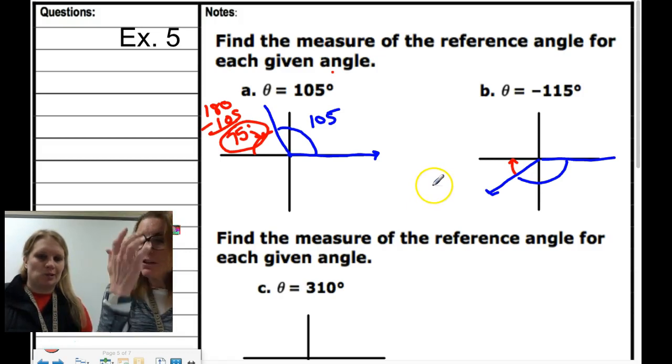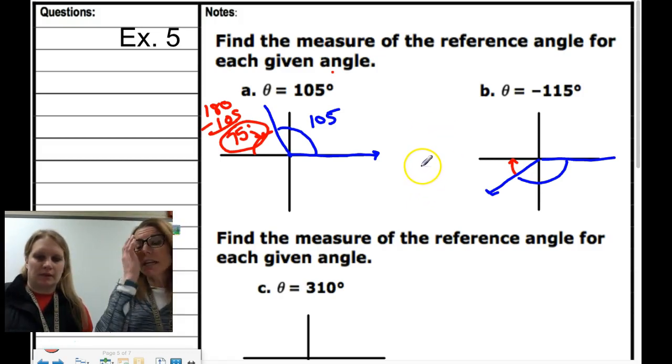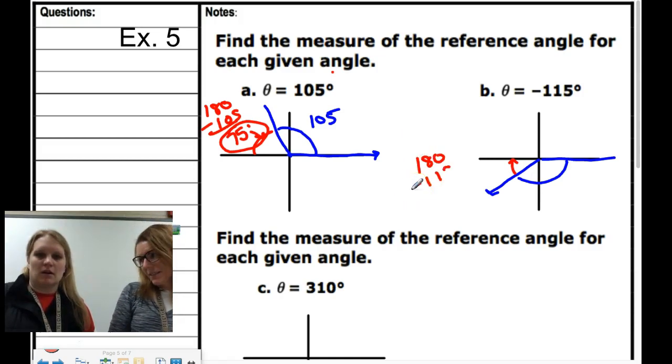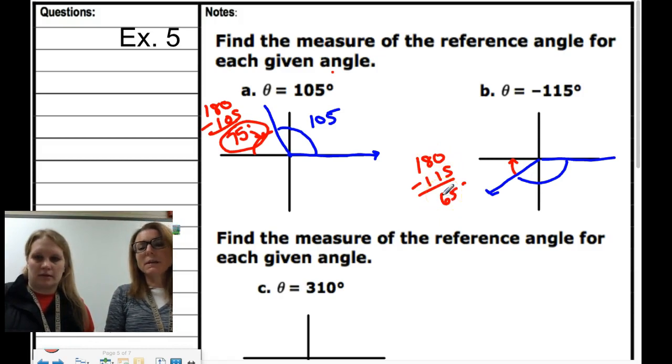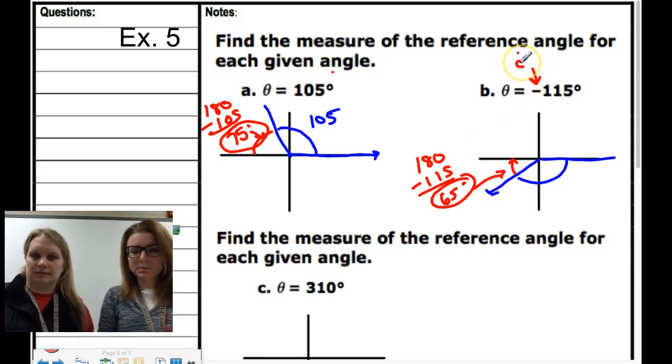So to find the measure of the reference angle, we're still taking 180 minus 115, not minus a minus. So it's 65 degrees.